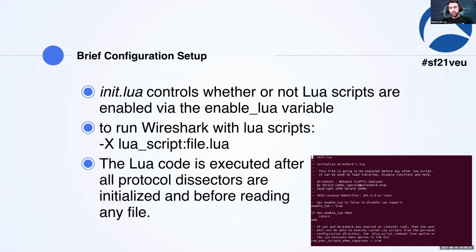As you can see in the screenshot below, the first variable, enable_lua, must be equal to true. Then you can run Wireshark. You can run Lua scripts in Wireshark just by adding the -X lua_script option. And then you are going to have your script in Wireshark.